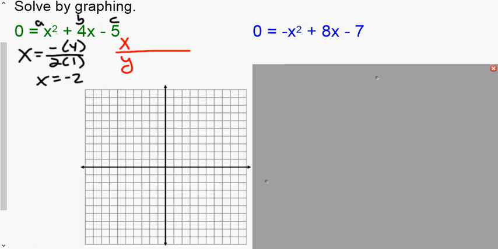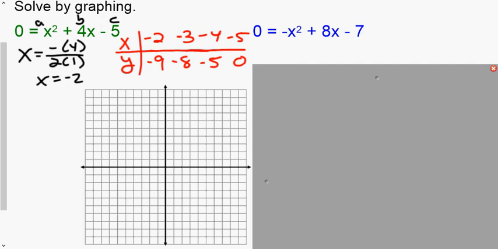And again, we talked about using your calculator if you want. And so you're going to plug in negative 2 and we get negative 9. And so negative 3, negative 4, you're going to keep going until you get to 0 on the y side. So in this case, I had to do 4 sets of points.